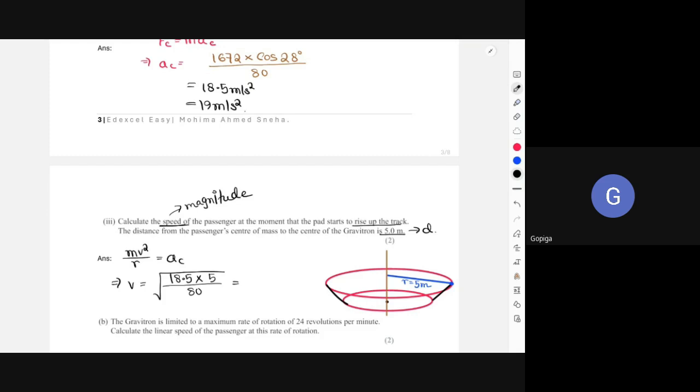No, AC is acceleration, centripetal acceleration. Oh, wait, sorry. We're not supposed to multiply mass with this. Sorry. Right, it's just v square over r. Right. Sorry, made a mistake. So only this thing under a root.